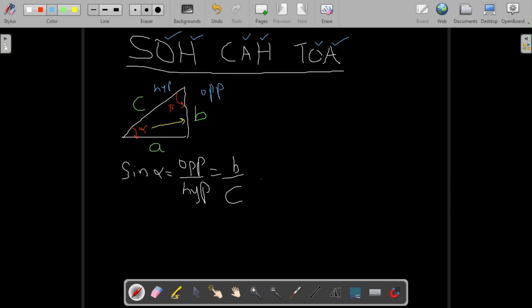And adjacent is what? The smallest side of the triangle. Our point of concentration here is alpha.